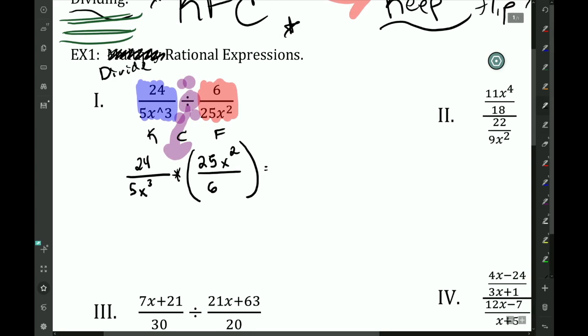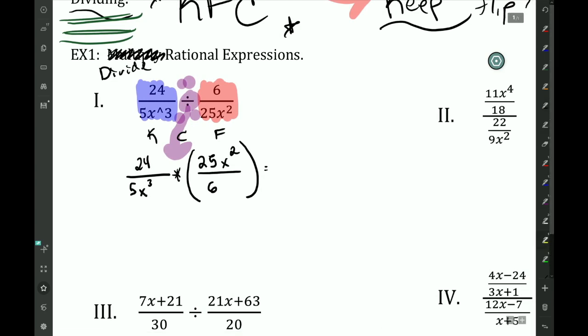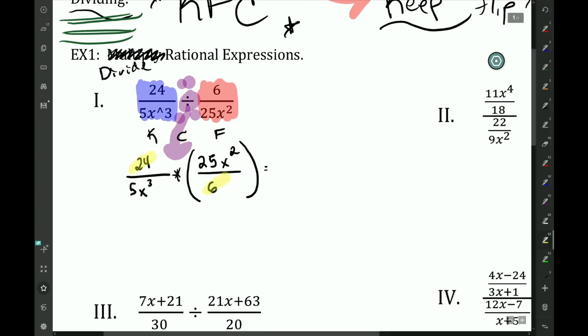So what I'm going to do is first look at 24 and 6. I know they can simplify to 4 and 1. 25 and 5, I know can simplify into 5 and 1. And what's with our x's? Well, if I have x squared up top and x cubed down below, I'm going to be left with 1 x.